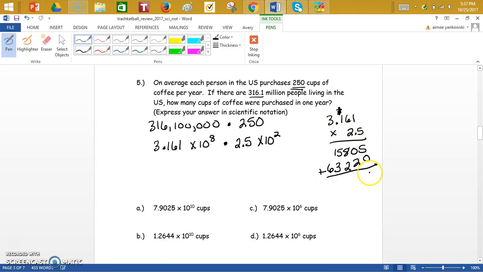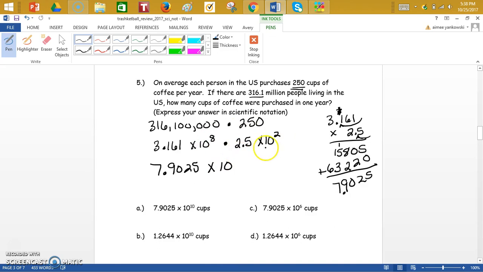I'm going to add those up. 5, 2, 8 and 2 is 10. 5, 6, and 3 more is 9. And 6 and 1 is 7. And we have to move over 1, 2, 3, 4 with our decimal point. So this is 7.9025 times 10 to the, we need to go ahead and add our exponents.